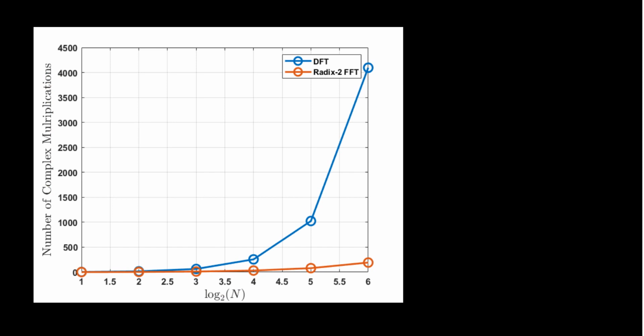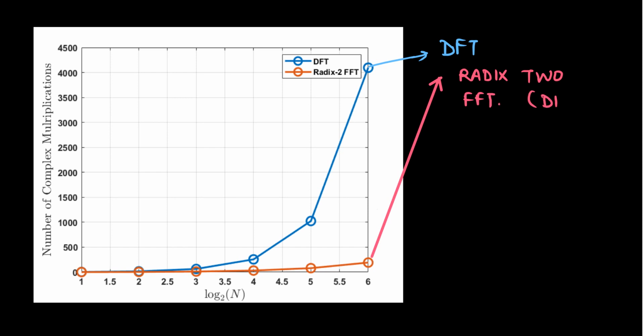This blue plot indicates the regular DFT algorithm, whereas this red plot indicates the radix 2 fast Fourier transform algorithms, that is DIT and DIF FFT.